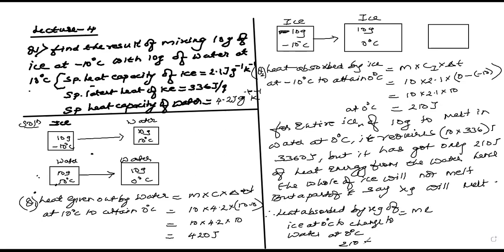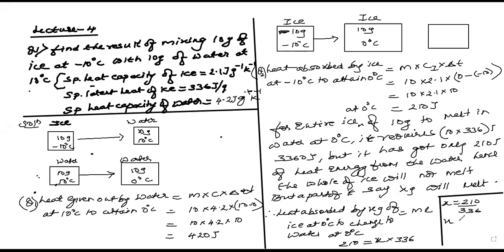So 210 is equal to mass of ice, which is X, into L, and L is how much, children? 336. Therefore, X equals 210 divided by 336.